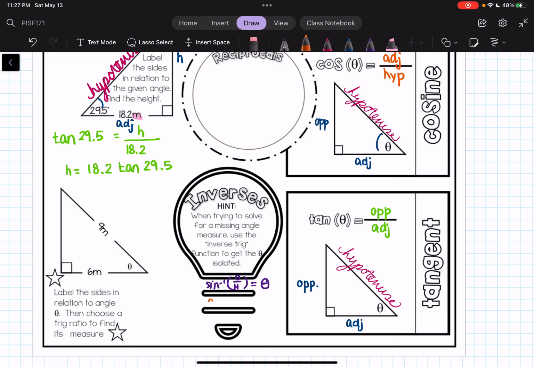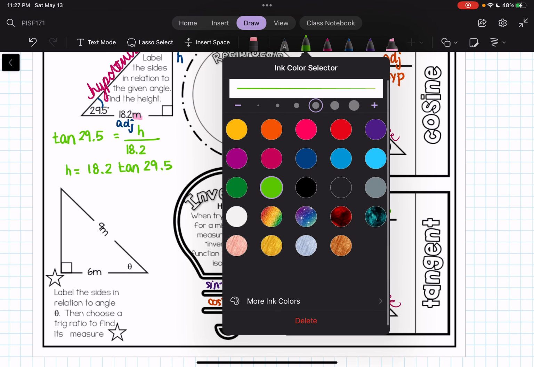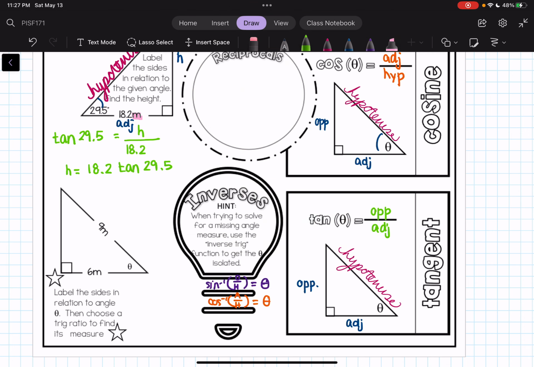Likewise, inverse cos of adjacent over hypotenuse will also give me theta. And then inverse tan of opposite over adjacent will give me theta. So that is how we find a missing angle.